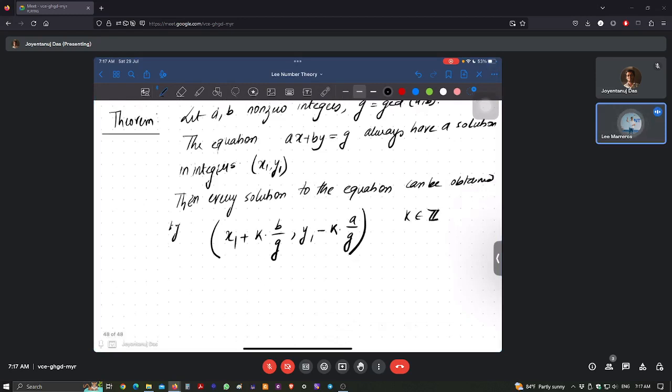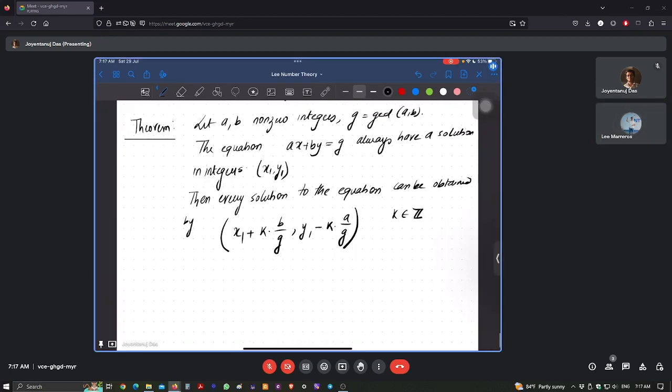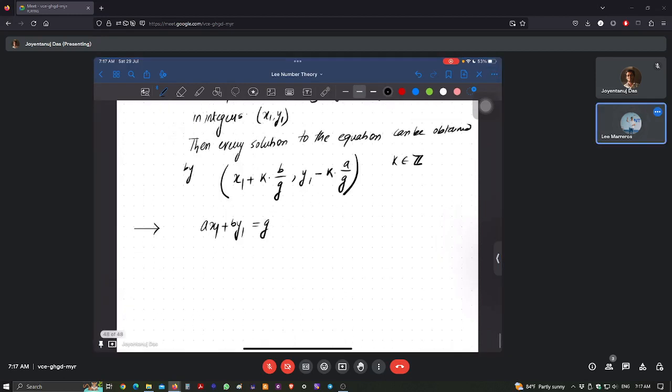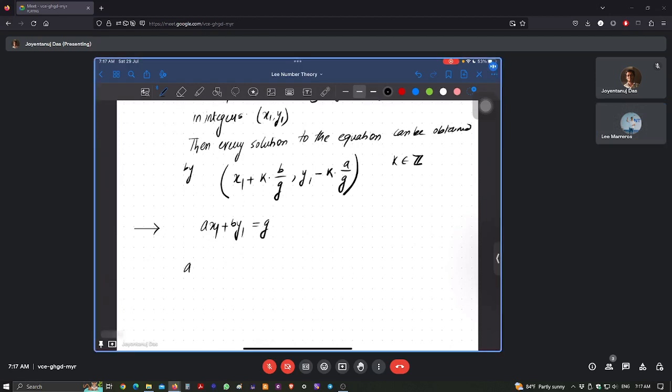Let me show you how we get this. x1 and y1 is a solution, so I have ax1 plus by1 equals g. Now let us substitute the new solution and check what happens: a times x1 plus k times b by g, plus b times y1 minus k times a by g.